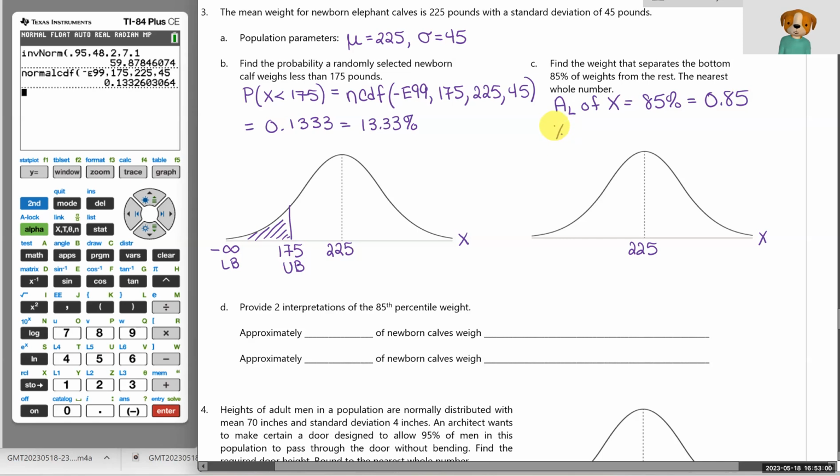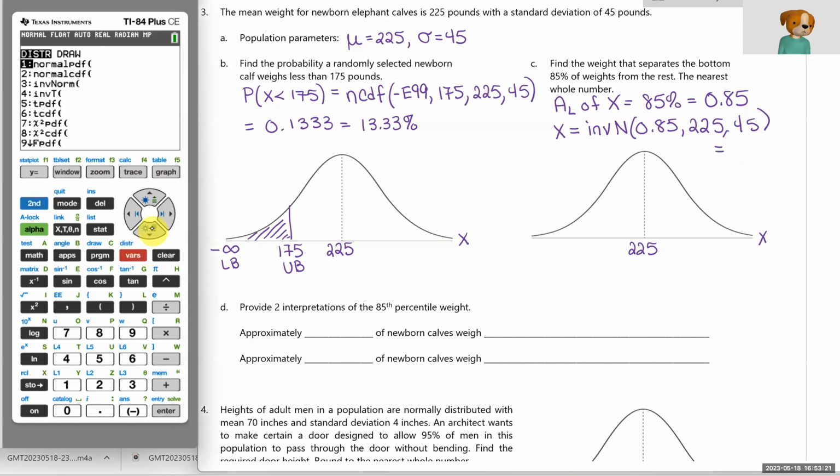So now we can go straight to inverse norm to find a data value, because we need to enter area to the left, and we have that value, 0.85. And then, of course, the mean of the distribution and the standard deviation.